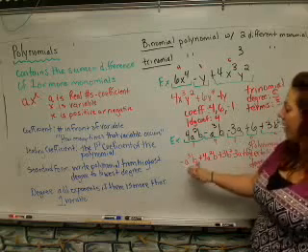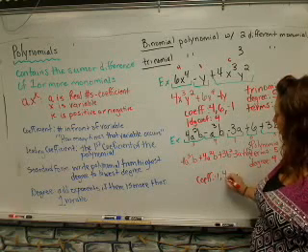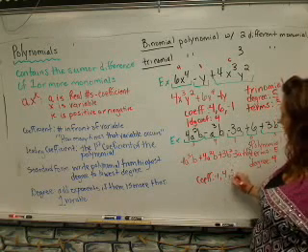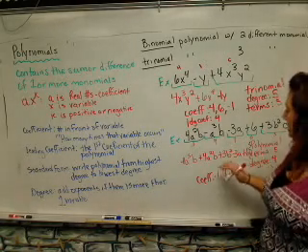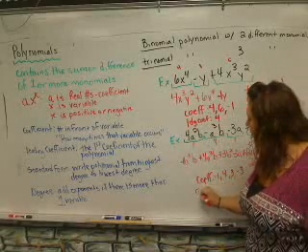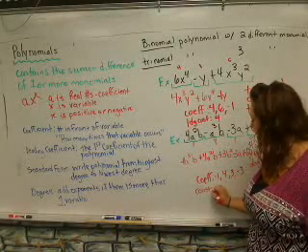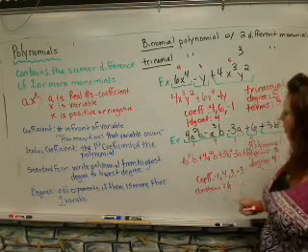What's understood in front of that? A -1. We have a 4. We have a 3. We have a -3. And 6 is not considered a coefficient. 6 isn't in front of any variable. So we consider 6 as a constant. Okay? 6 is considered a constant.